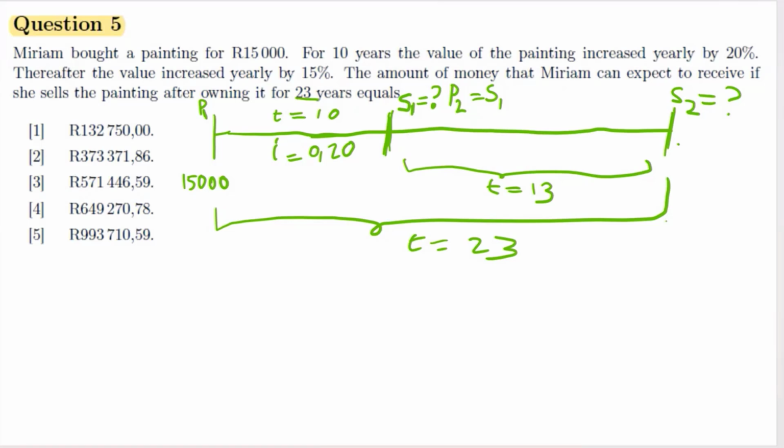If you are just reading this without putting it in a timeline, you would find it very difficult to decide, because it could have been the first 10 years, and then the investment also proceeds for another period. It can happen with simple interest, but with this timeline, it is easy to see that you've got S1, and then you take this S1, which has an interest included, and you are including another interest. Yes, it is a compound interest because it has been put into a timeline.